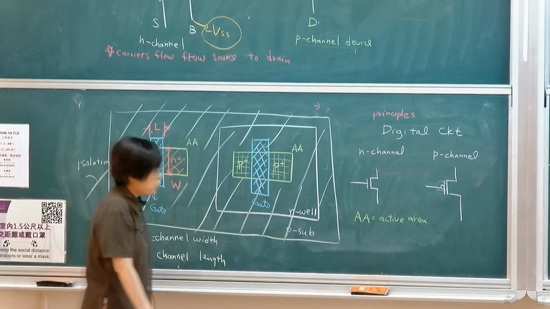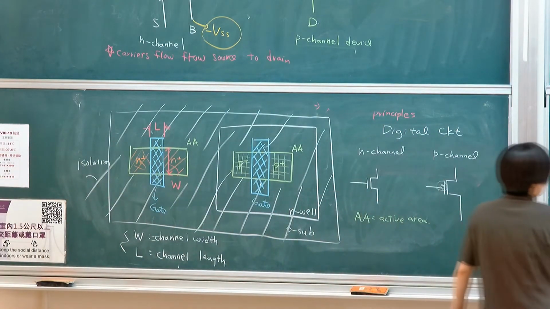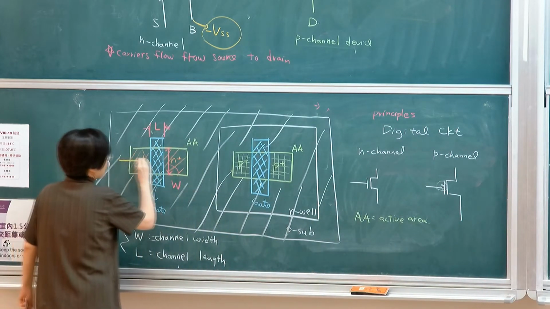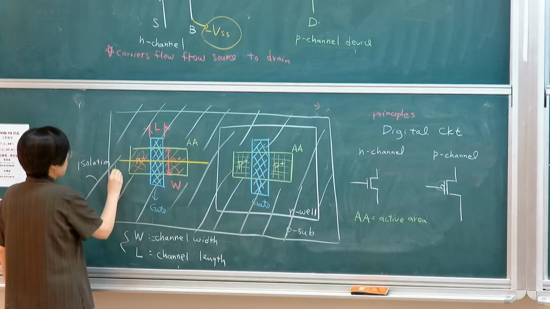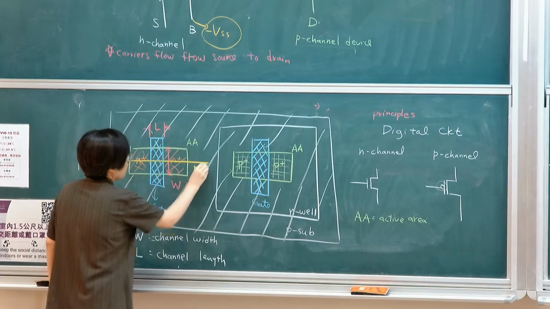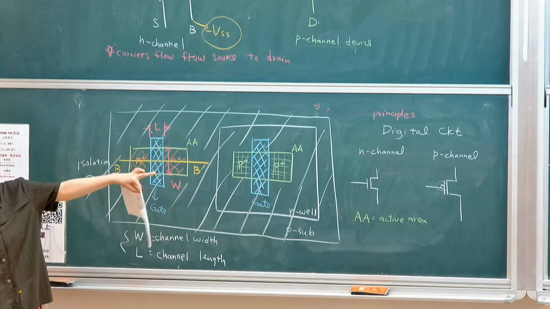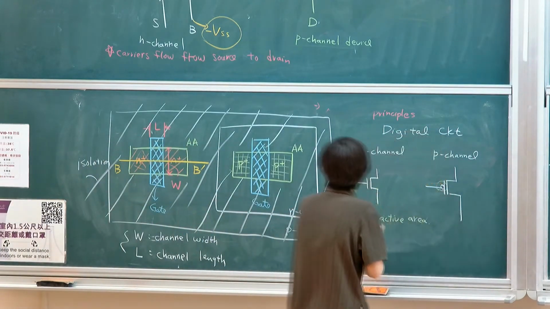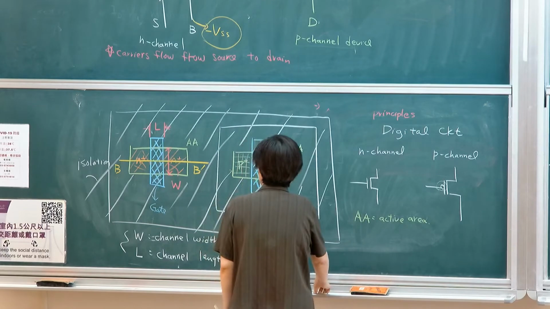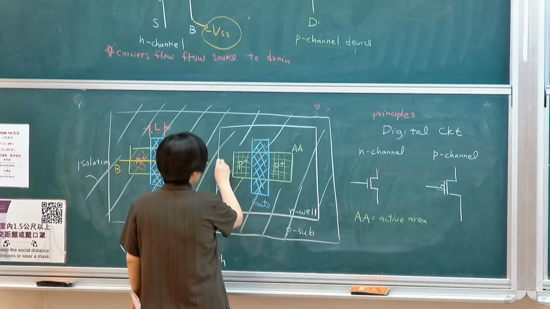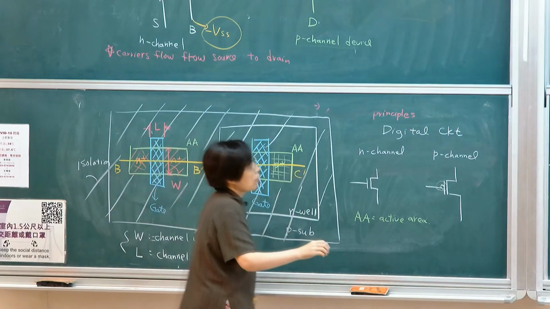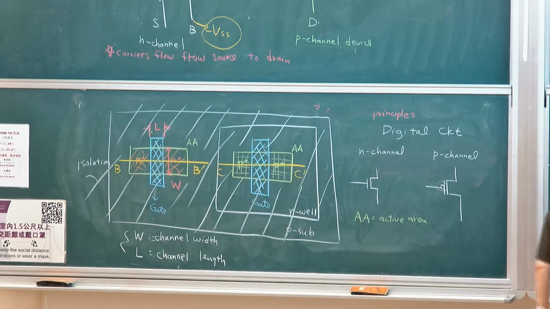And if I'm trying to draw the cut line for this, the cut line is through here. This is the BB' cut line for getting the cross-sectional view that corresponds to this, right? And for CC, because I already used CC', this is BB'.